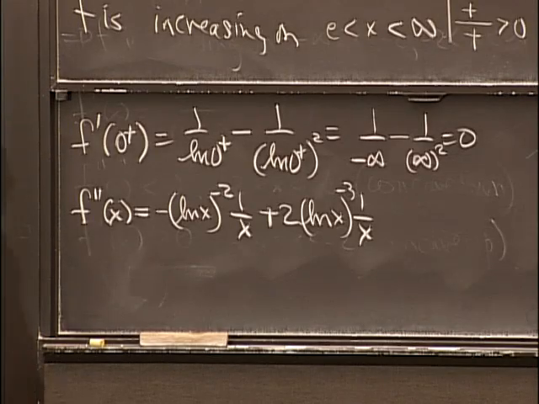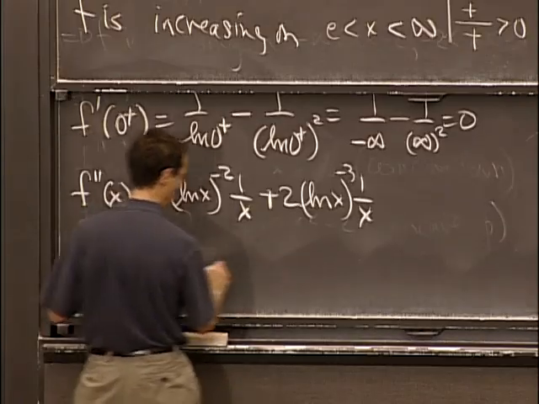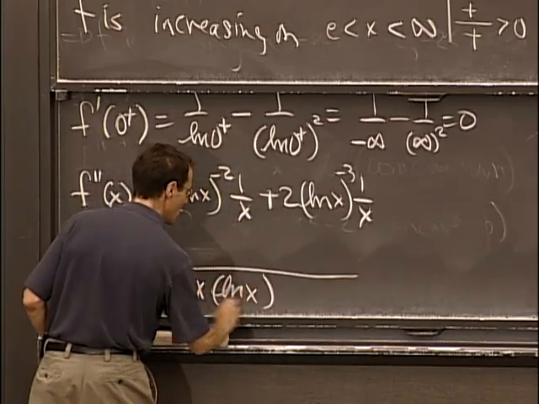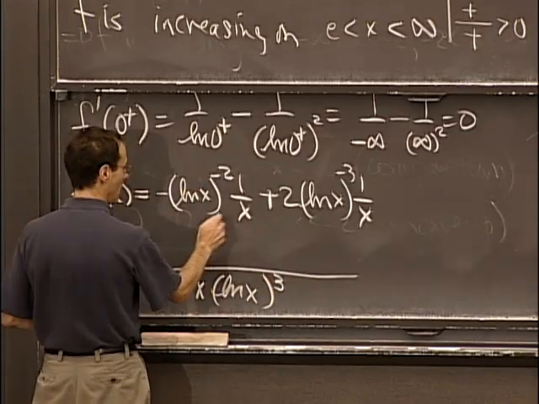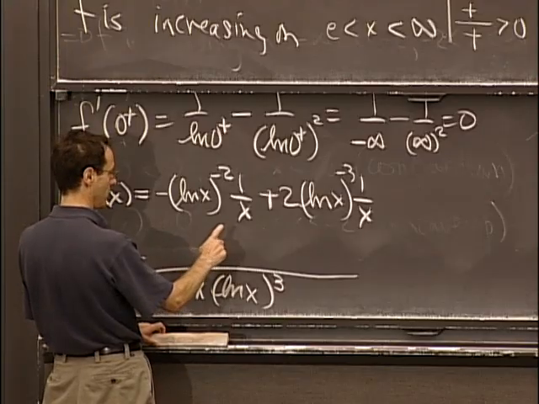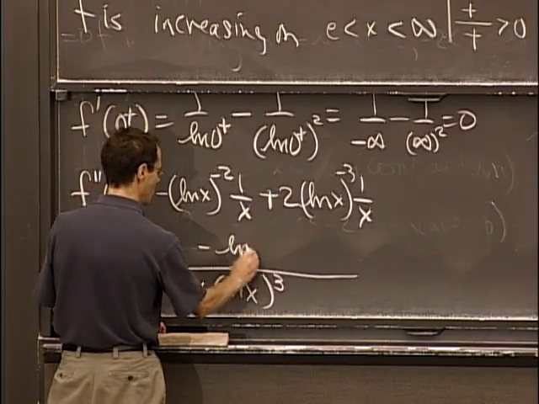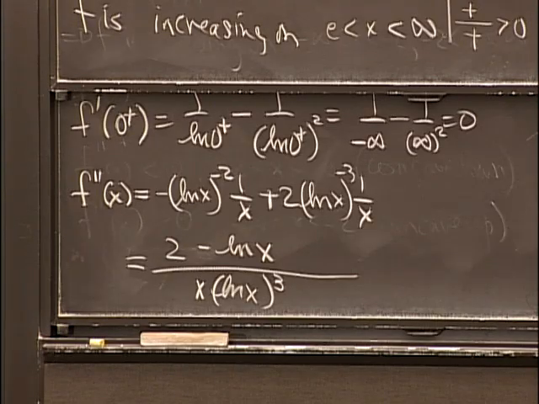All right. And that, if I put it over a common denominator, is x log x cubed times, let's see here, I guess I'll take the 2 minus log x. Okay? So I've now rewritten the formula for the second derivative as a ratio.